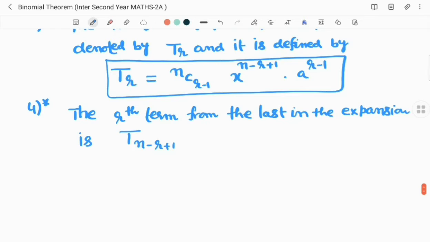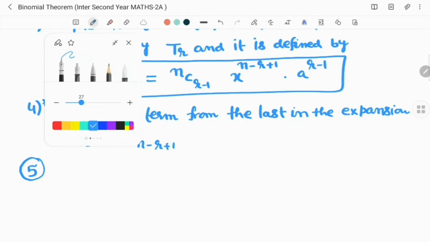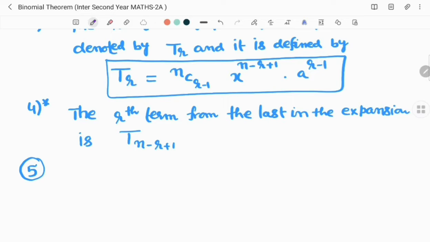The next one is a very, very important point, the fifth point. Make a note. The rth term is over; next is the (r+1)th term.